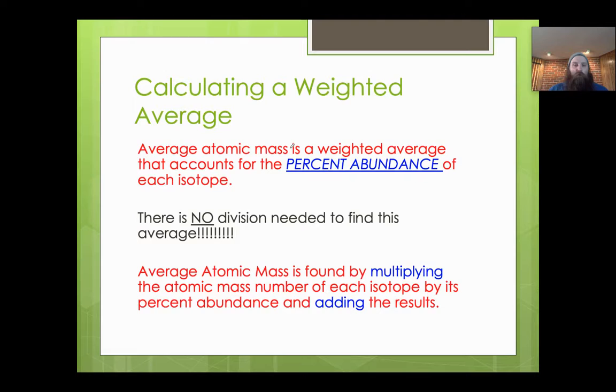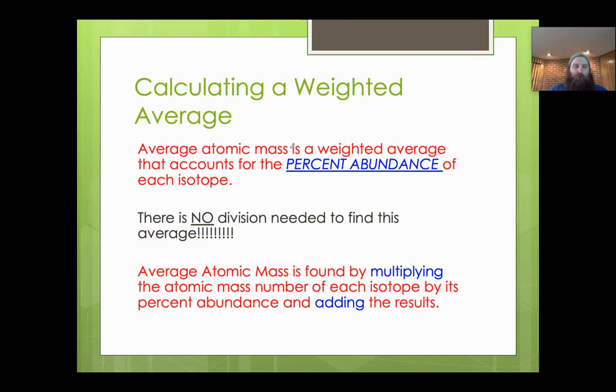Now, back to the isotopes and the percent abundance and the weighted average. How do these things come into play? Well, the average atomic mass is a weighted average that's going to account for our percent abundance of an isotope. There is no division when you're finding a weighted average. Okay, we're going to multiply, and then we're going to add up the results. That's really important.